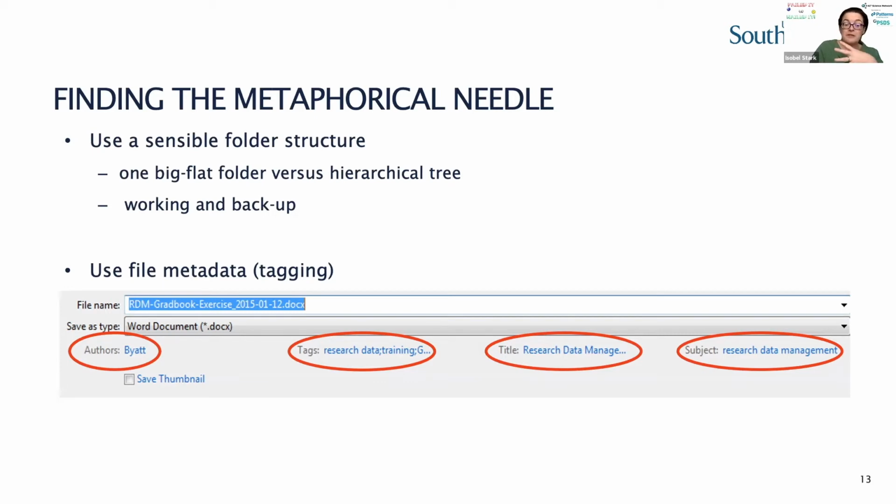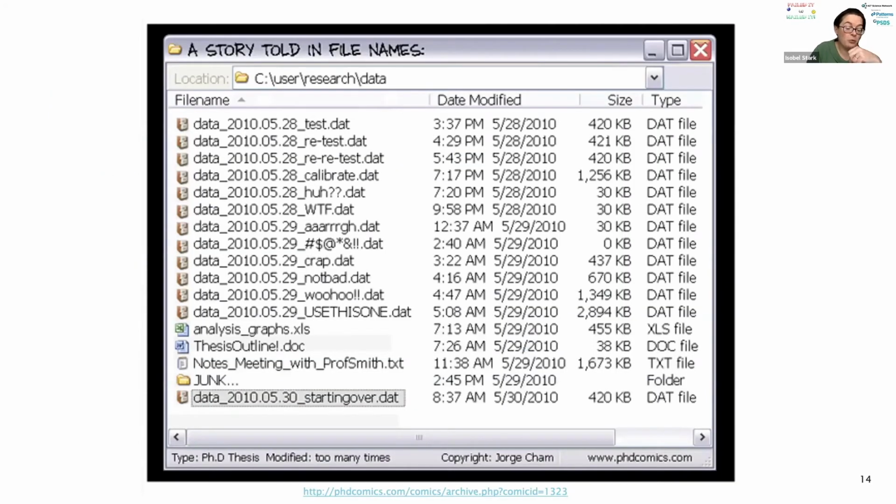File names are somewhere where we tend to embed a lot of metadata. This may not be possible if you're dealing with file names that are assigned automatically by a piece of equipment that you're using.